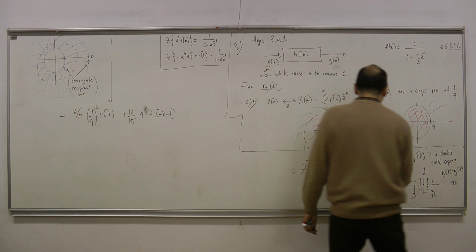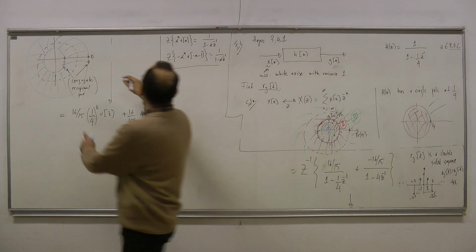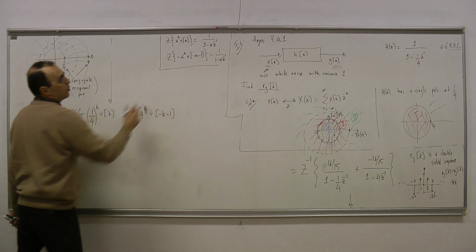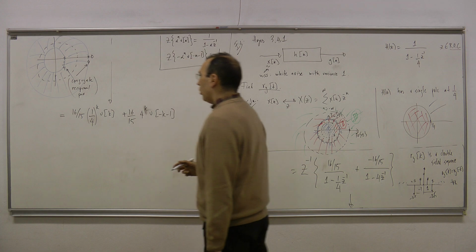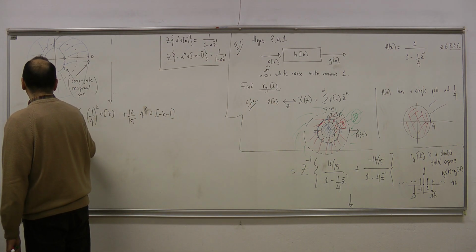Okay, so this is the anti-causal part, because this term, when inverse Z transformed in this region of convergence, corresponds to this. Okay, so this is the end of this example. This is Ry of k.